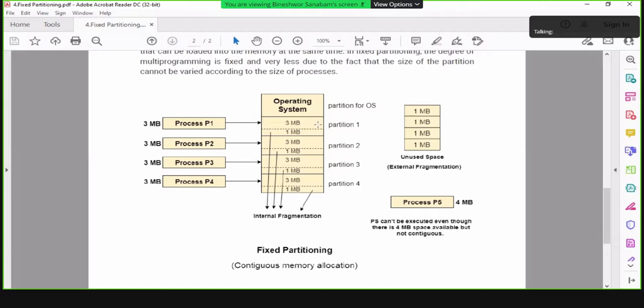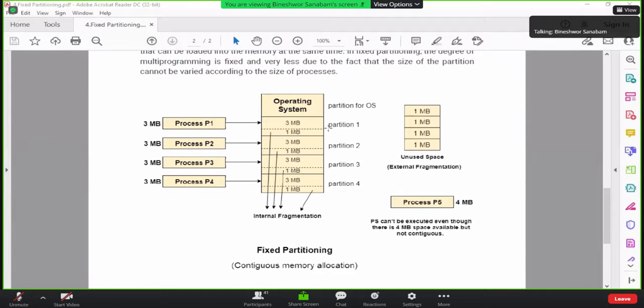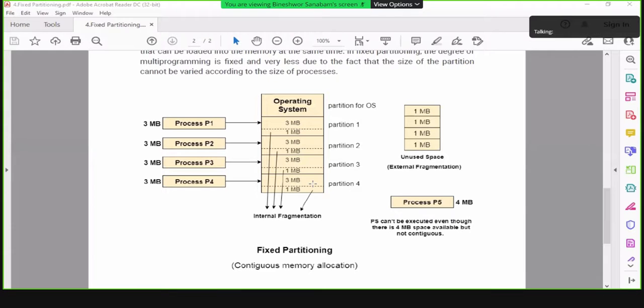Taking the first partition, the problem here is what we call internal fragmentation, since within the same partition there is a wastage of memory. The second also has internal fragmentation, as 1 MB of memory is being wasted, and likewise for the third and the fourth.